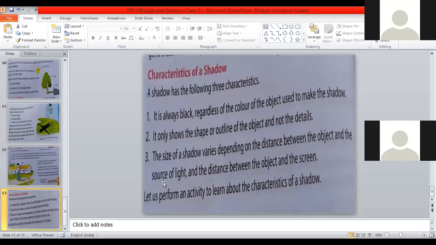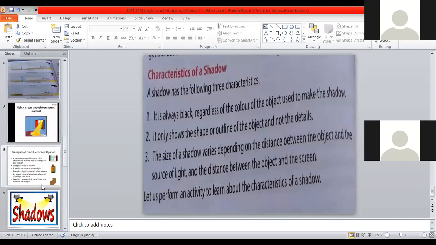When we are going closer to the light, will our shadow size be increased or decreased, children? The shadow will be increased. When we are going far away from the light, it will be decreased. So these are the characteristics of the shadow.